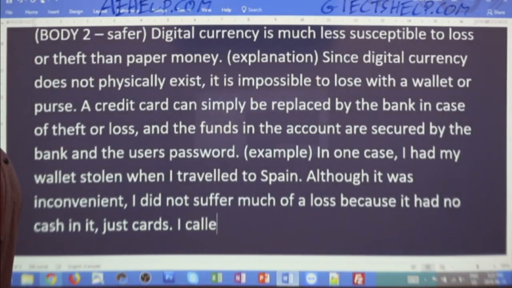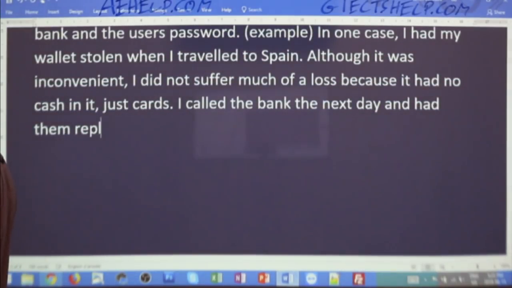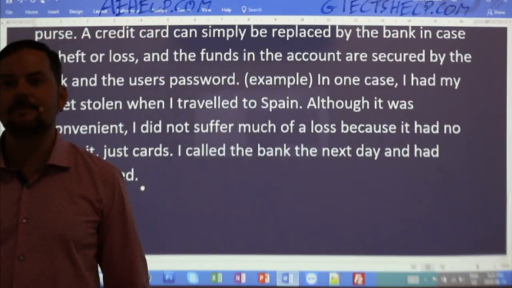I called the bank the next day and had them replaced. Okay, so keep your thoughts simple.